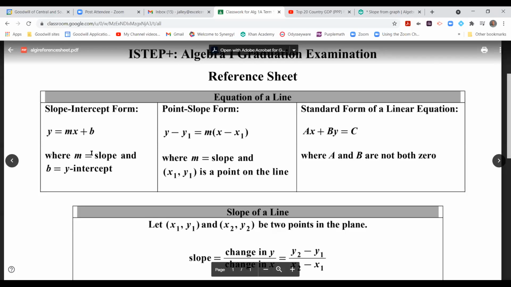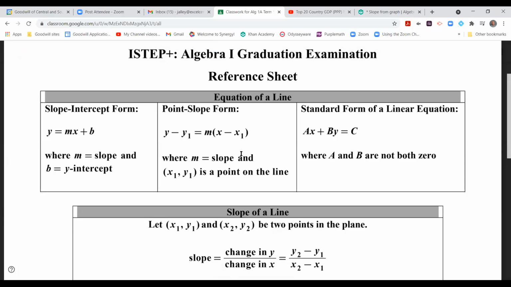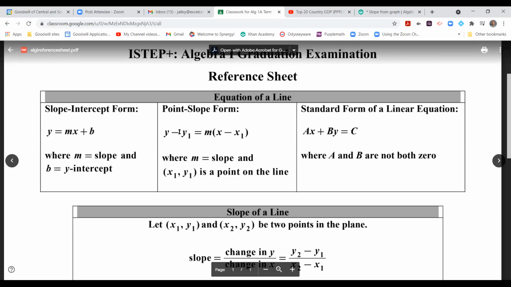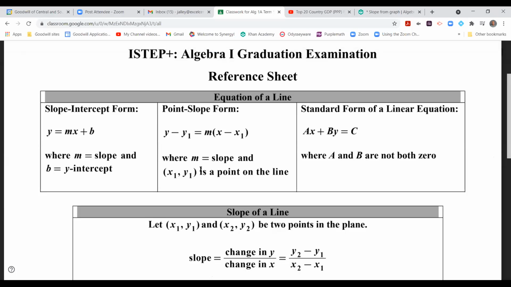Slope intercept is more generic. Point slope is specific to a point. Every point on a given line is going to be able to generate its own point slope equation, because this x1, y1 here is actually a single point from the line.